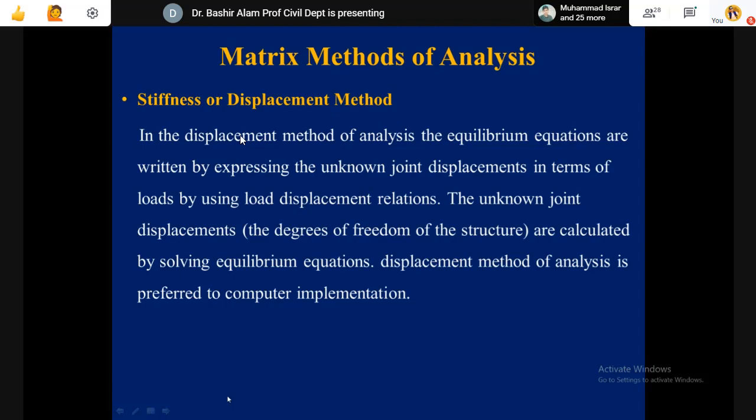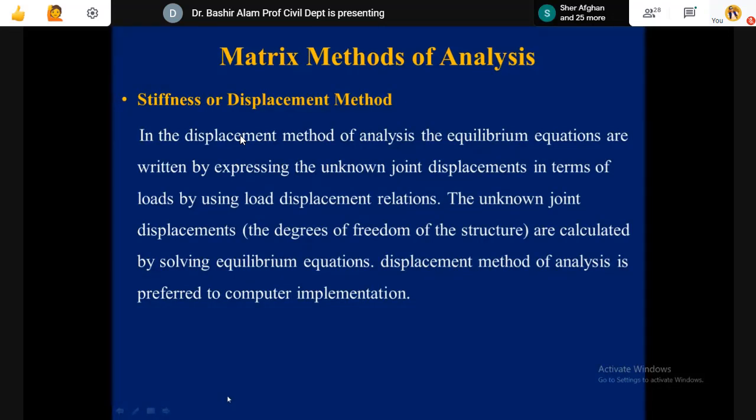Now, in case of the stiffness method, what do we do? We have a hinge support. So what is the degree of freedom of a hinge support? It cannot allow the horizontal translation. Why? Because it can offer horizontal resistance.